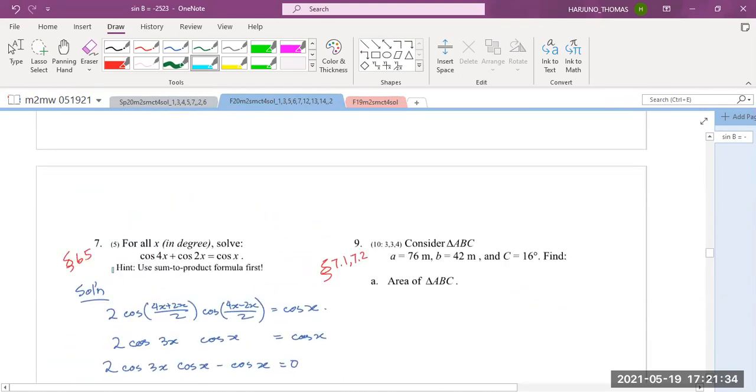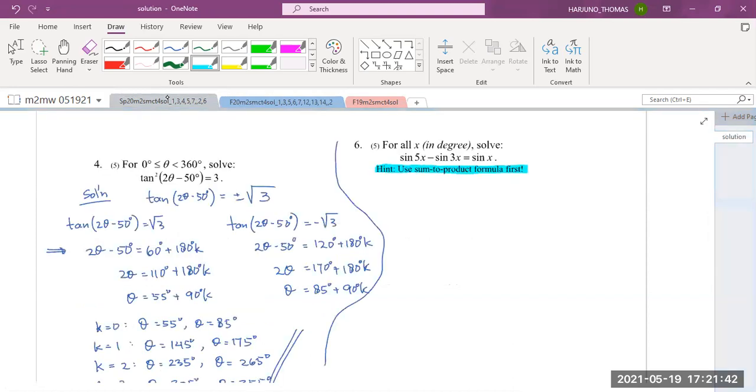Even until last semester, half of the class who were left in test 4 didn't know what to do. They just left it blank. The formula was there, and that was an open book. The formula is at the back, right?